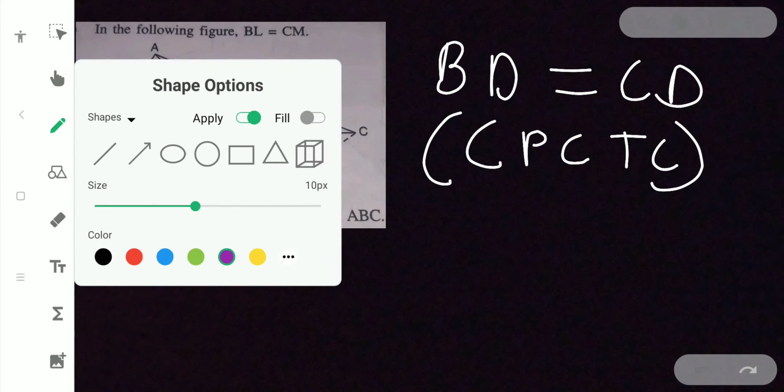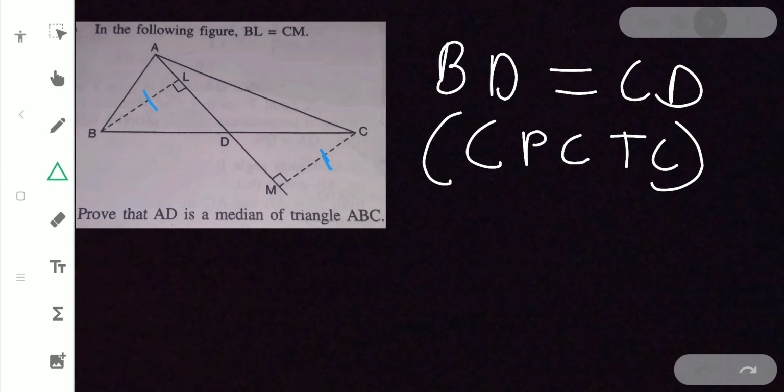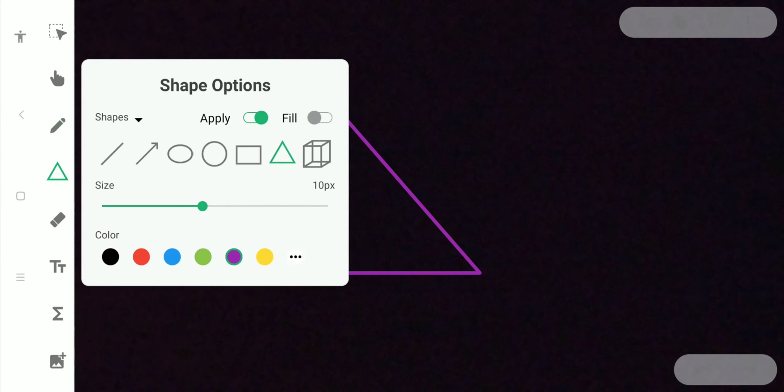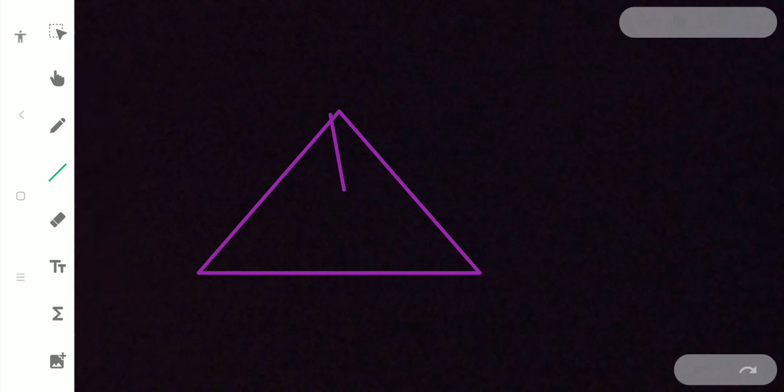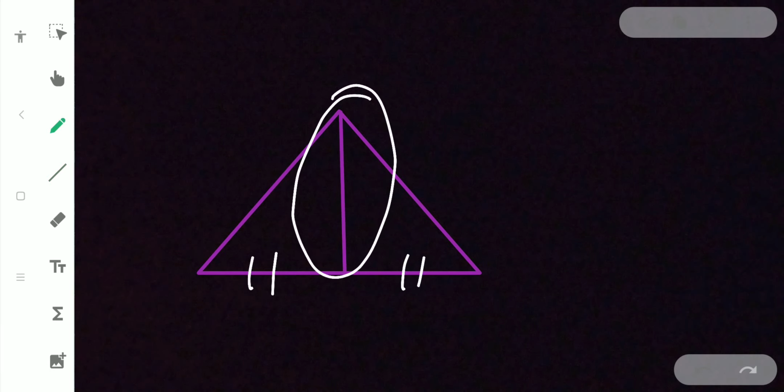So you know what a median is. When a triangle is drawn like this and a line segment is drawn from any vertex to the opposite side, these two parts should be equal, then only this line is called the median. That we all know.